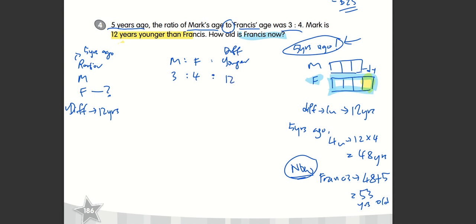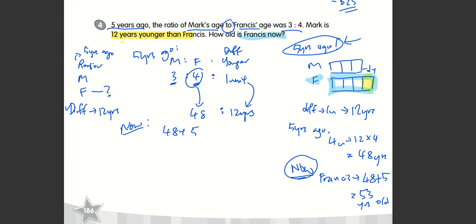That's 12 years, and in this case, because we are looking at the units, that's 1 unit. From this 1 unit, it gets to 12 years. I'm looking at 4 units. This is 5 years ago. It gives me the same working steps after that naturally. And then the final step, you add in the 5 years. You see? The final step's the same.